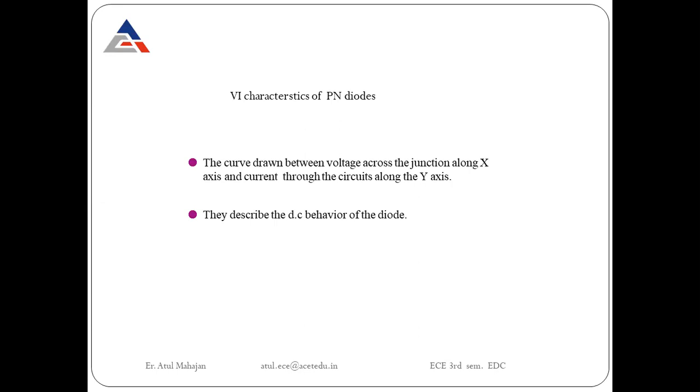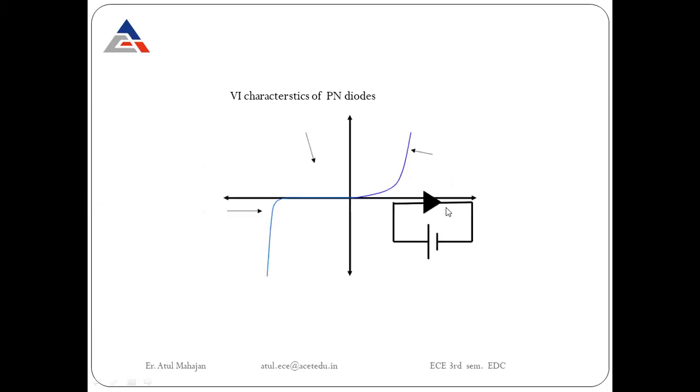They describe the DC behavior. We are looking at how, under DC analysis, the diode conducts and propagates. So this is the VI characteristics of the diode, which is seen here.